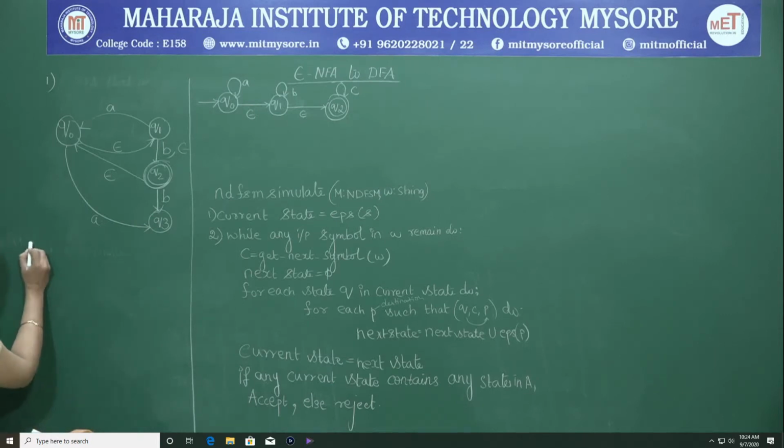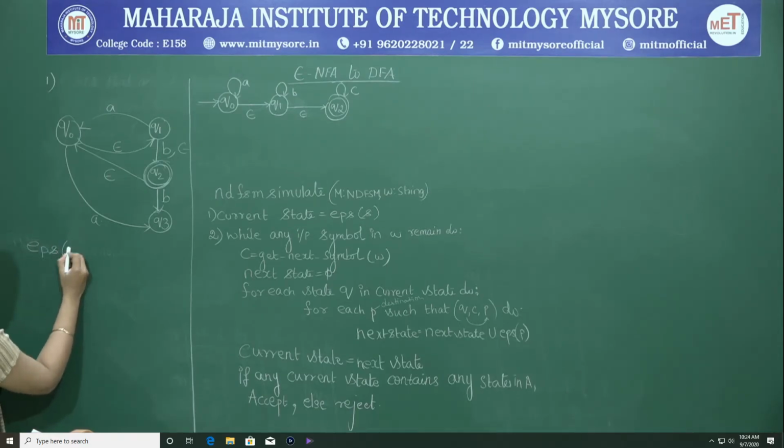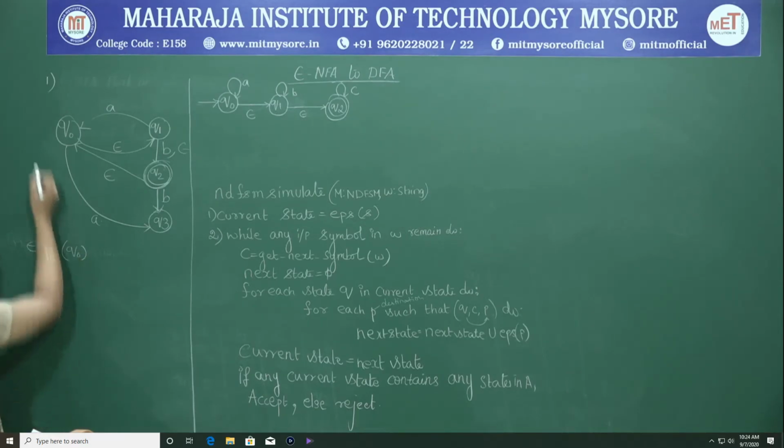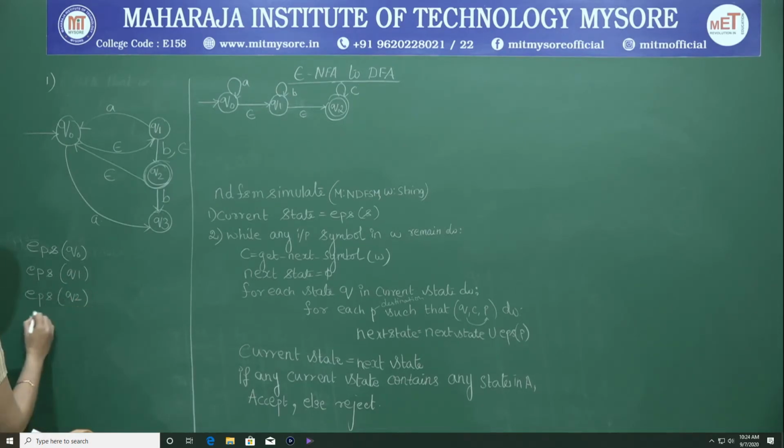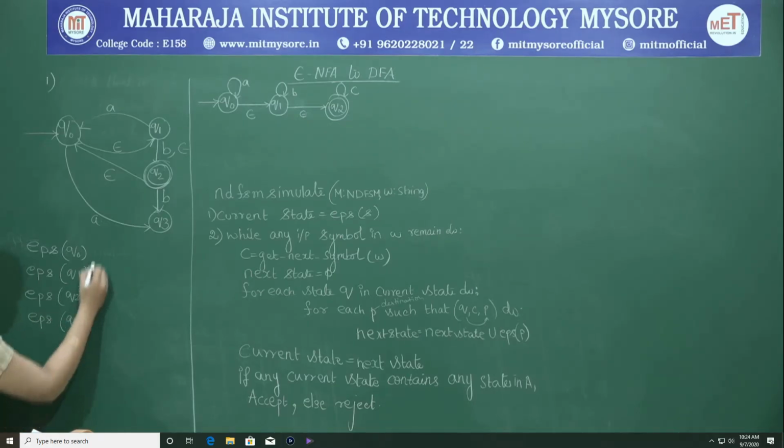So we are intended to find the E close, or we just write it as EPS of all the states. So first we will start with Q0. Next we have to find EPS of Q1, EPS of Q2, EPS of Q3, and we don't have any more states.